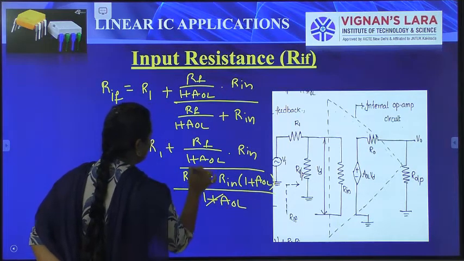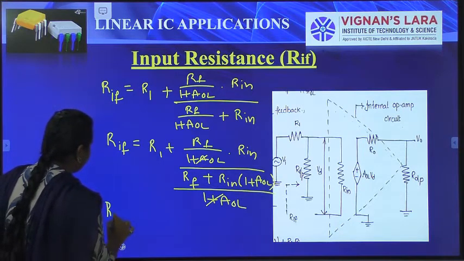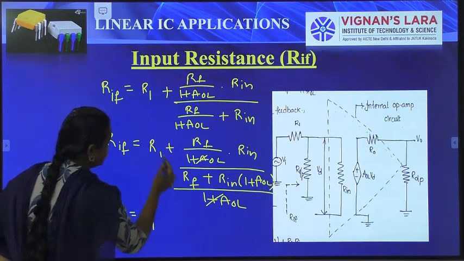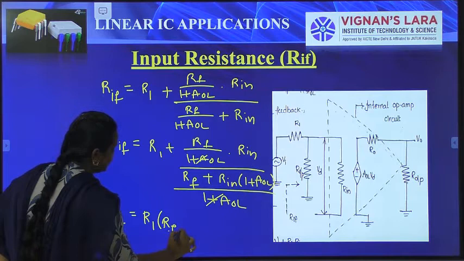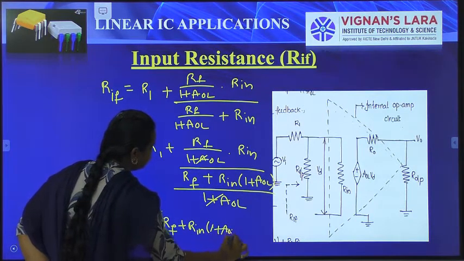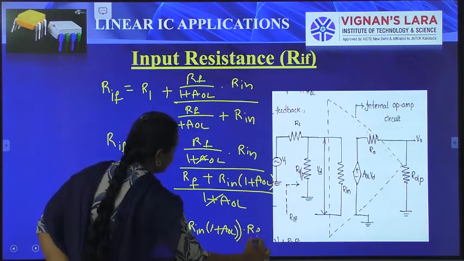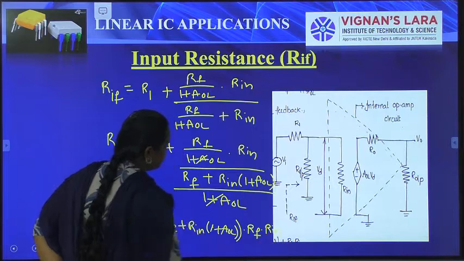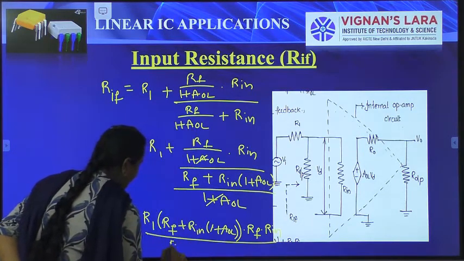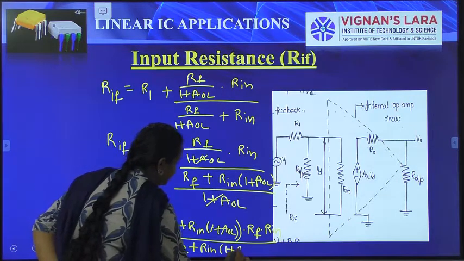Simply you can cancel out these 1 plus AOL terms, then we can get the input feedback is equal to R1 plus RF into Rin by RF plus Rin of 1 plus AOL.